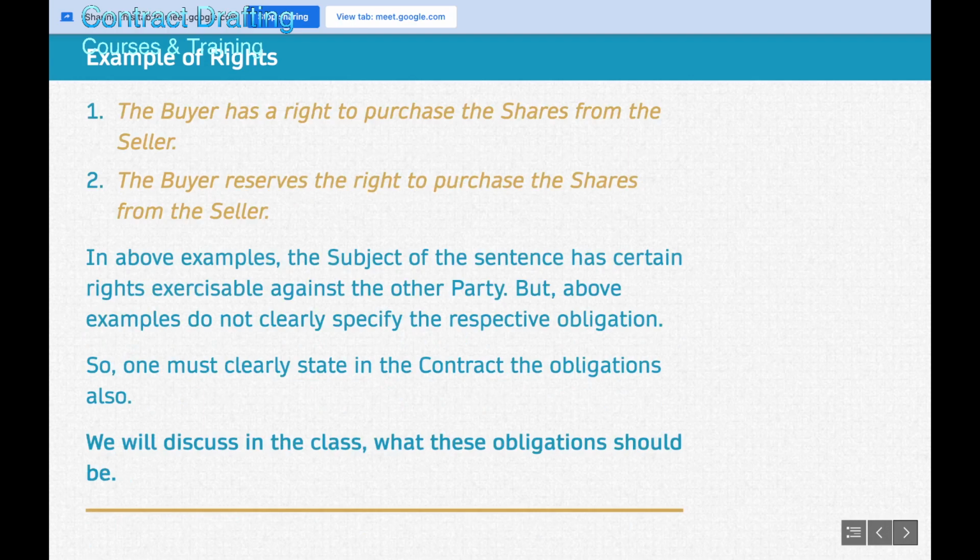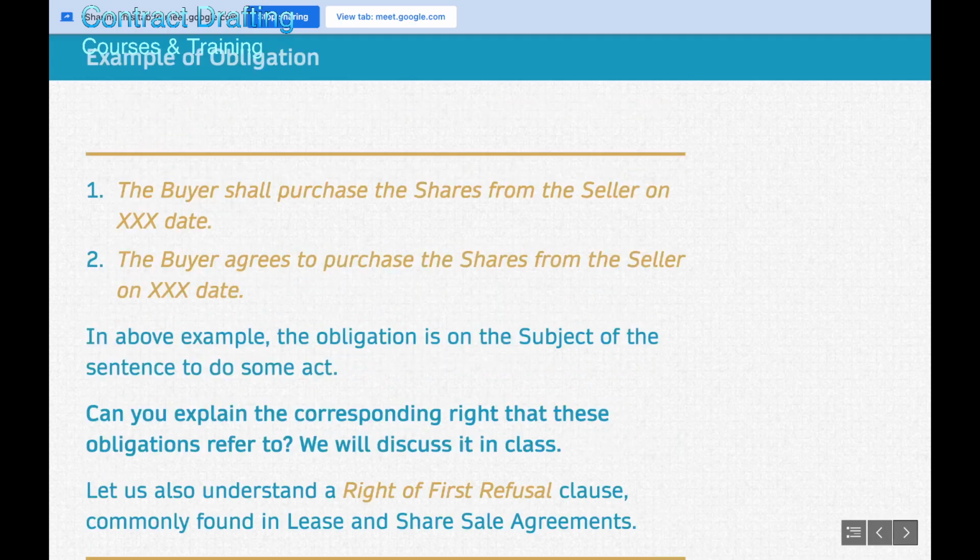Now, what can these obligations be? In the next slide, we have just reversed the statement: the buyer shall purchase these shares from the seller on such and such date. The second statement is the buyer agrees to purchase the shares from the seller on such and such date. These two statements are quite different, with different meanings.